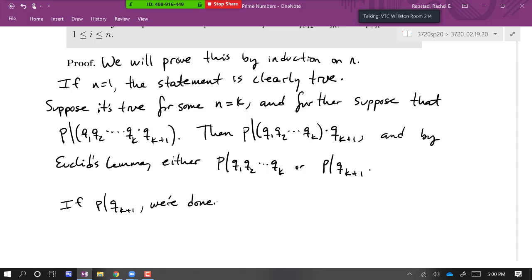If it's this one that's true, then we just use our induction hypothesis. Because we said, suppose it's true for some n equals k. If it's true for some n equals k, then if P divides this product of k factors, it's got to divide one of them.